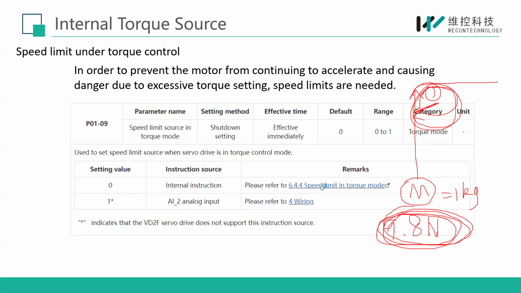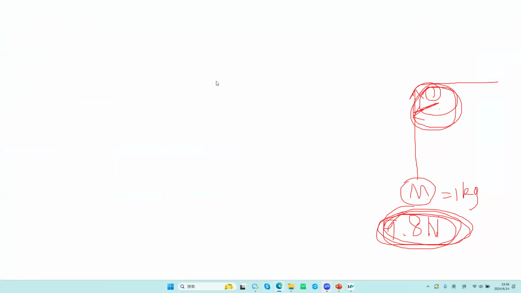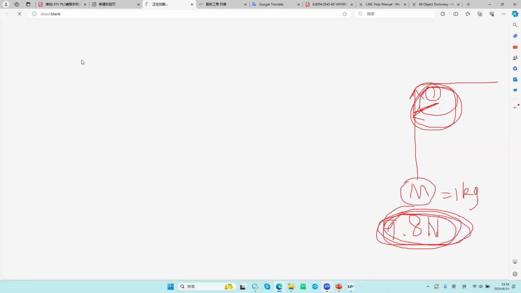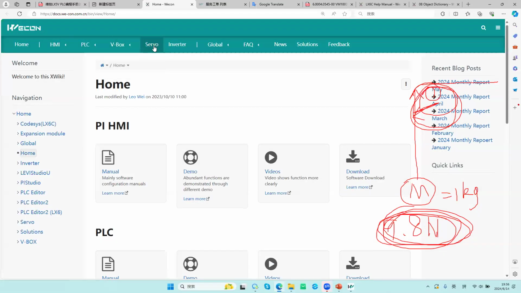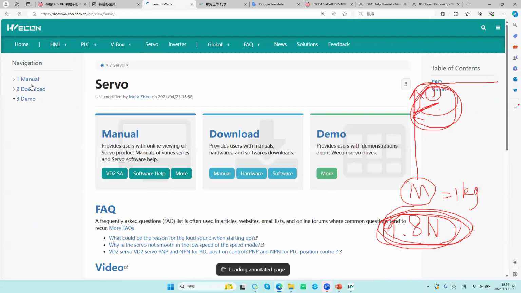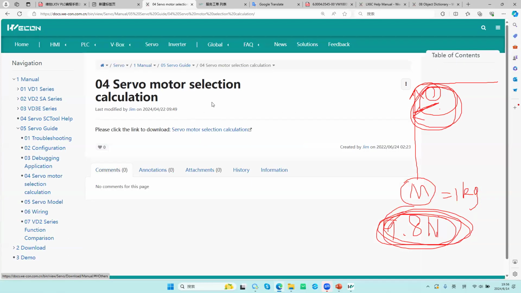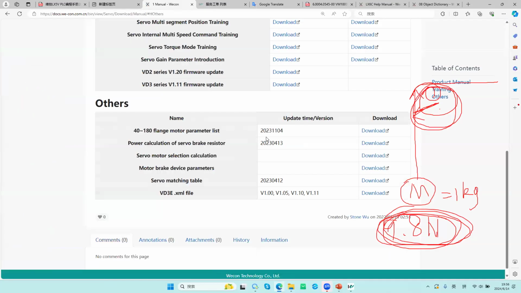Yes, and here, in fact, I remember we have a document. Let me find. This one, I think. Oh, yes. Motor select.